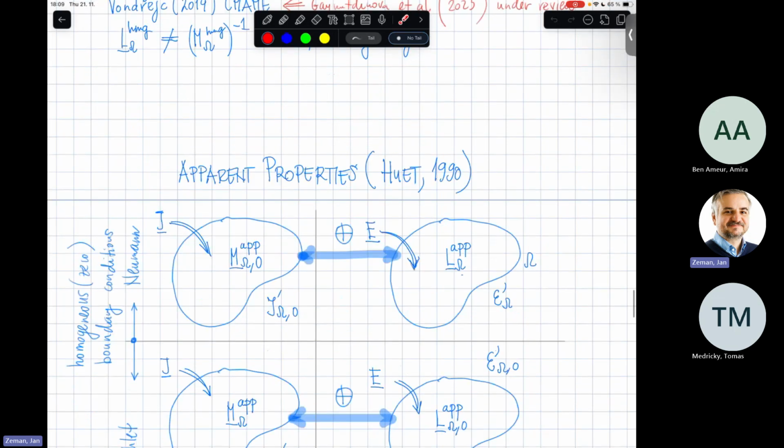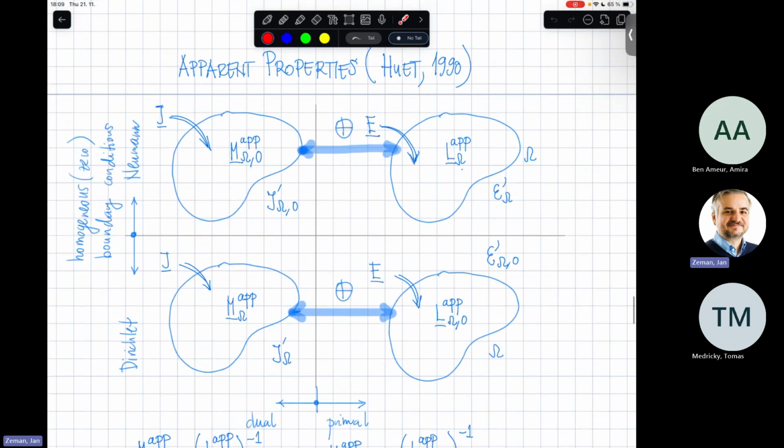Okay, so now how it aligns with this homogenization story. This is this picture, which is my invention, which means that it is a very complicated way to explain many things. It tries to show that there are two types of homogenized properties in this viewpoint, which again to honor Hue, I will call apparent.